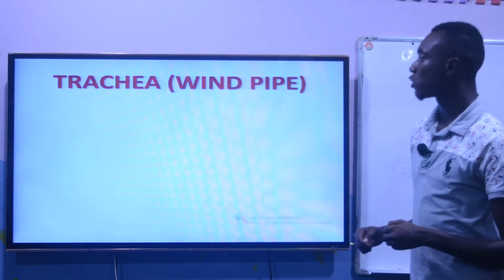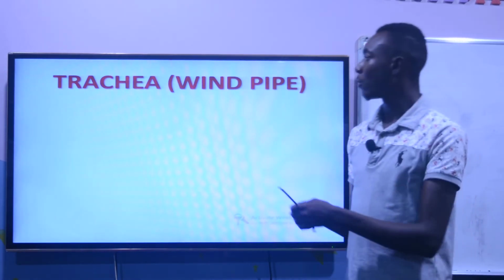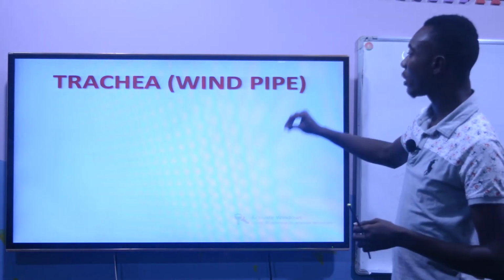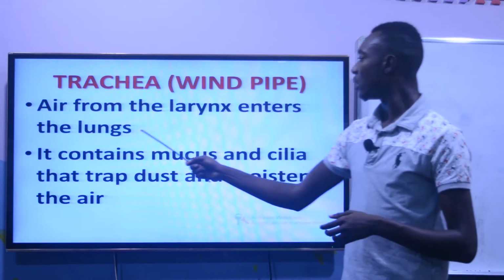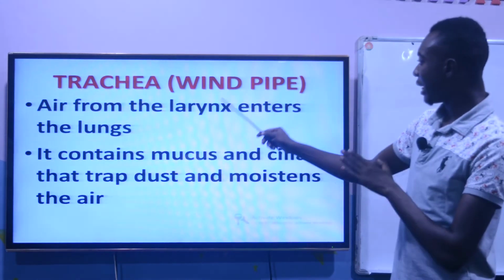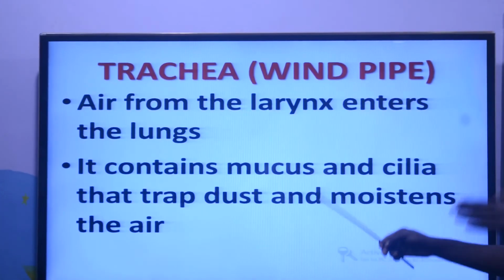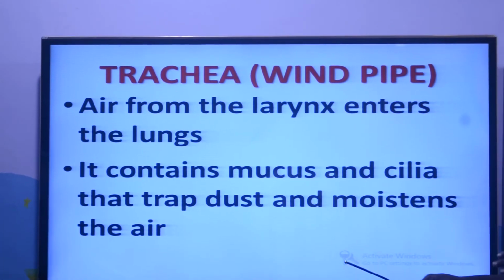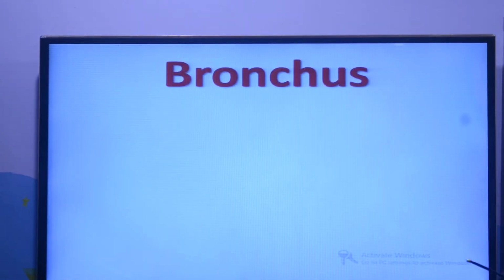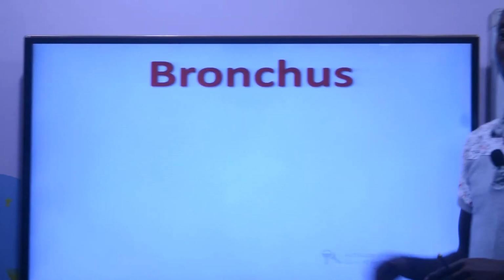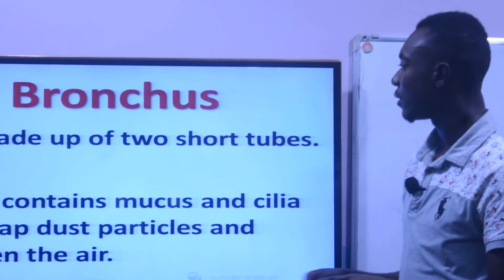Our next point is the trachea. After that, the air moves to the trachea, also known as the windpipe. Let's look at what the trachea does to the air when it gets there. As I said, it contains mucus and cilia that also trap dust and moisten the air. From there, we get to the bronchus. Let's see what it does.